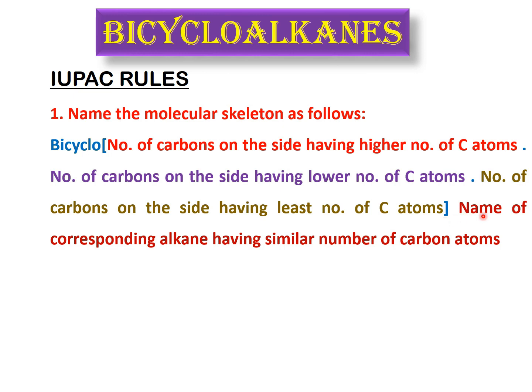This will be followed by the name of the corresponding alkane having similar number of carbon atoms as you have in the bicyclic skeleton. Let's see this with the help of an example.